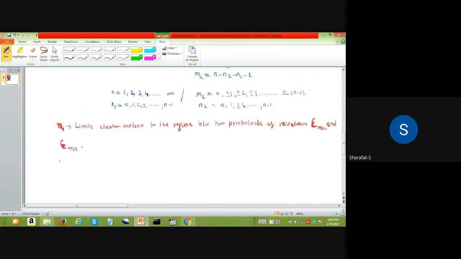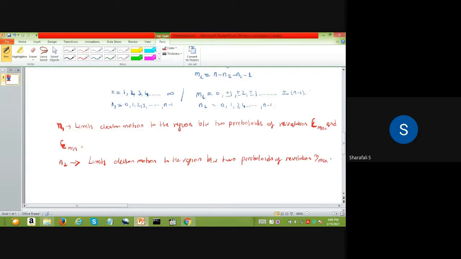In the same way, n2 limits the same electron motion within the region between another two paraboloids of revolution, eta max and eta minimum.